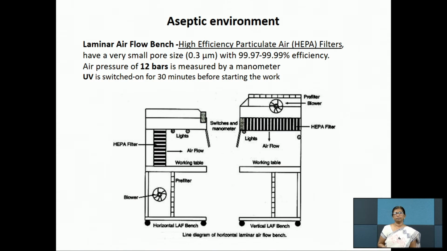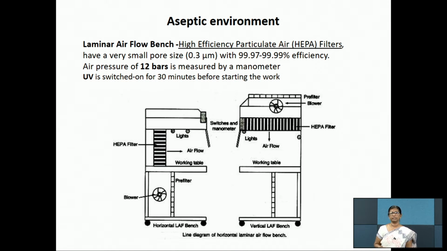So how do we develop the aseptic environment? The important equipment used for creating an aseptic environment is the laminar airflow chamber. The principle here is that high efficiency particulate air filters are present. They have a pore size of about 0.3 micrometer, and the efficiency is 99.99%.